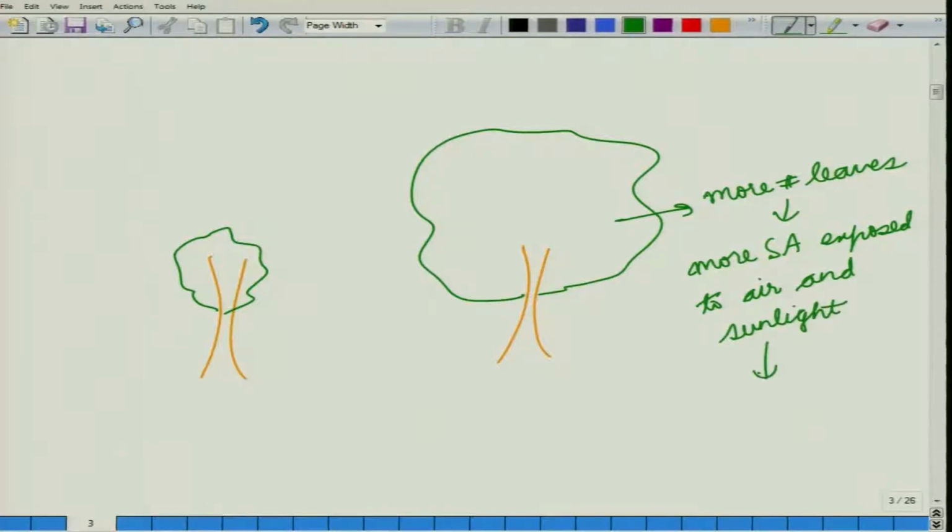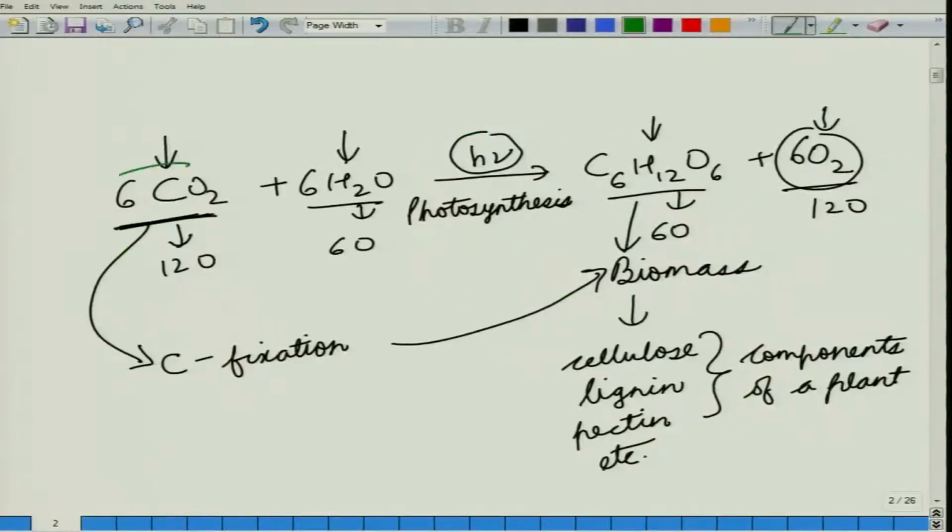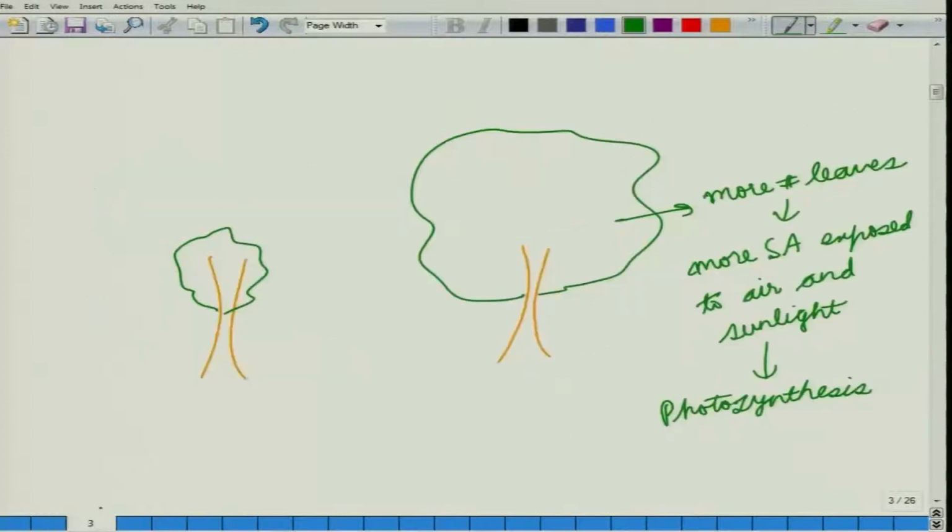So, the amount of photosynthesis, because remember that in the process of photosynthesis you need carbon dioxide from the air, so you need lots of areas that are exposed and you require sunlight, which also means that you should have more and more area exposed to the sunlight. So, it will have more photosynthesis and so this will give you a greater vigor.